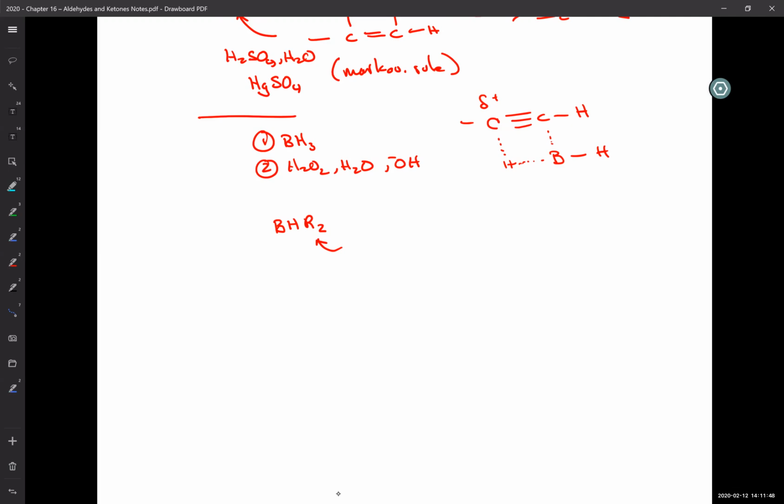So the common reagents used for this, and these are alkyl groups, there's a couple of them. It's disiamyl borane, a weird name.